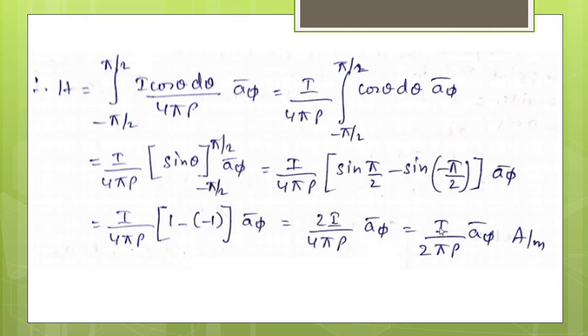Cancel 2 and 2, we get I divided by 2 pi rho into a phi amperes per meter. So this is the final expression for magnetic field intensity due to an infinite current carrying conductor which is located along the z-axis between minus infinity to plus infinity.